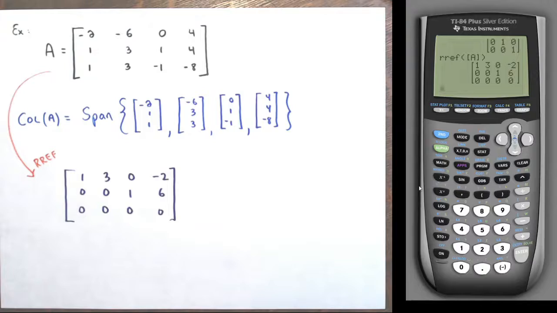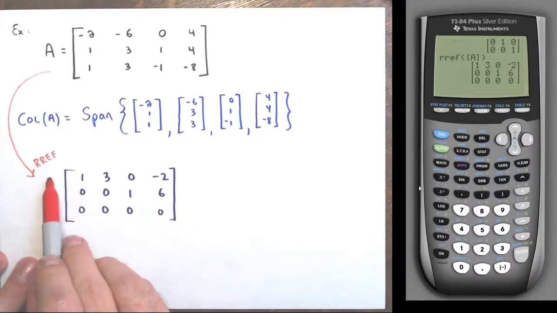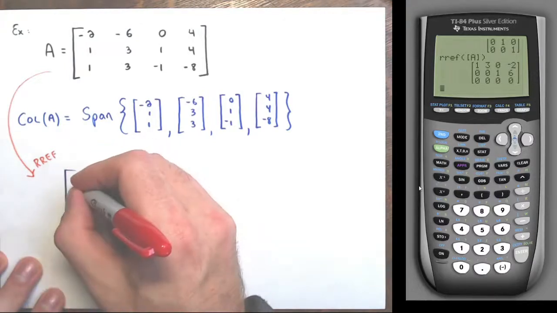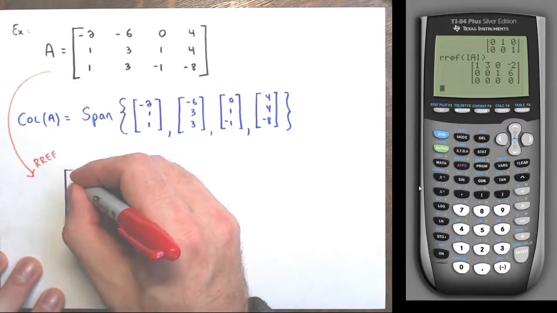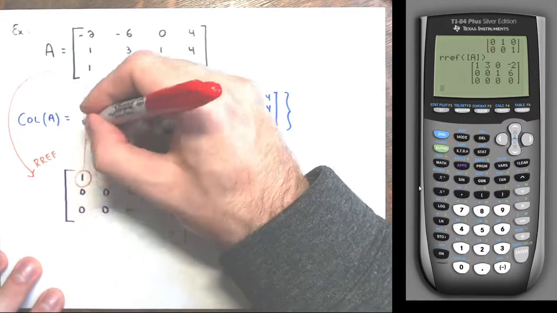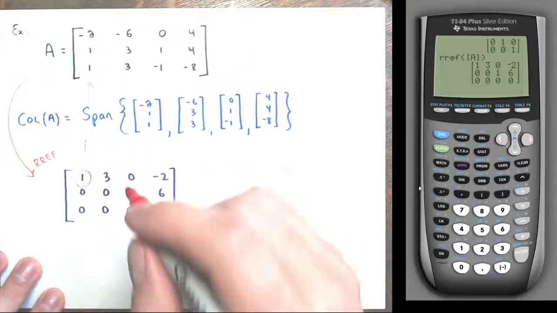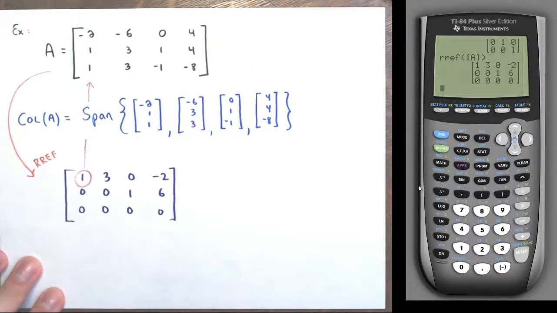And look for the pivot columns, those leading ones in the rows. There's a leading one here. So the first column is a pivot column, meaning that first vector, negative 2, 1, 1, I'm going to keep. That'll be part of the basis for the column space.